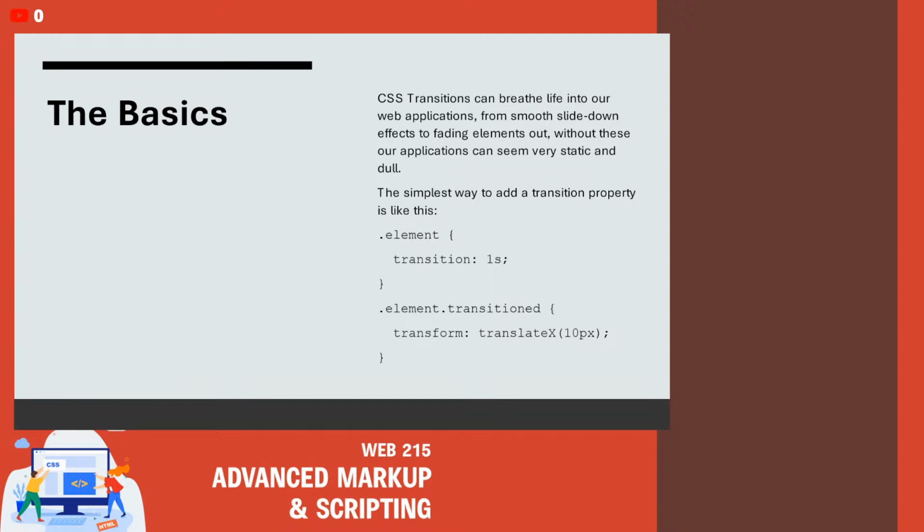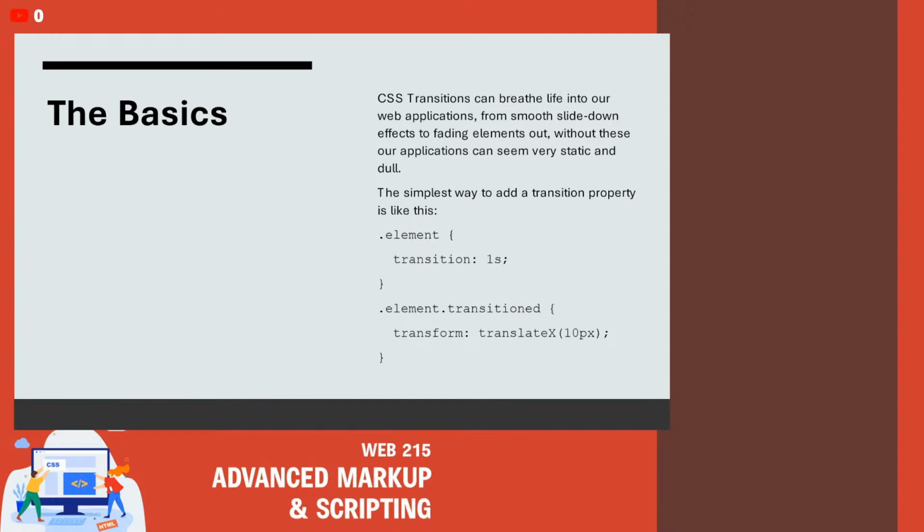Like in the example that we have here, we want it to take 1 second. And in the state wherein it is transitioned, we want it to have the transform property with what we want to transition.